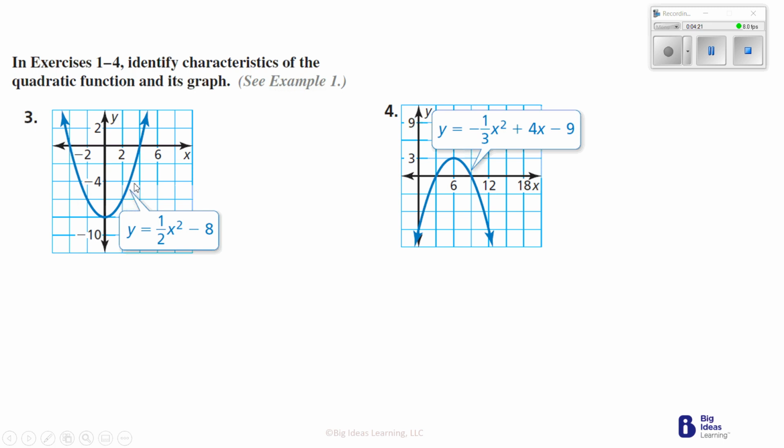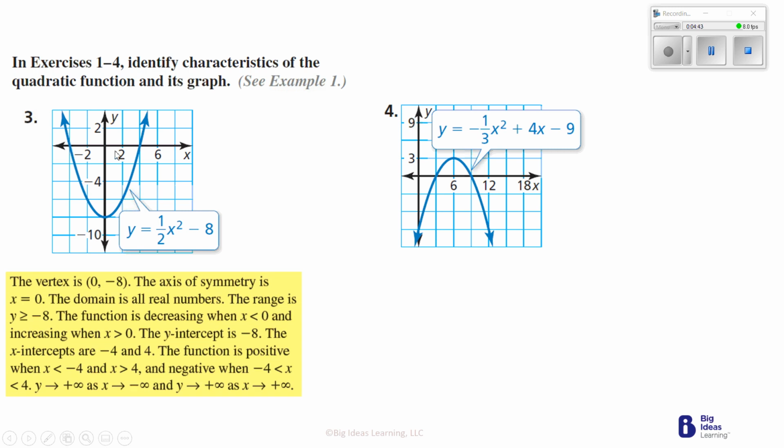My numbers will be negative. And as y is going to infinity, x is going to be positive numbers, right? And as x is going to positive infinity, y will also be going to positive infinity.